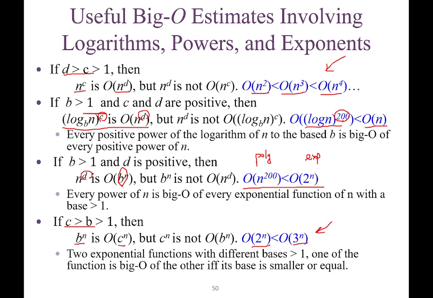So this is what we call within the category. And we can also compare the functions between categories. For example, the log family and the polynomial function, or the polynomial function compared to exponential function.